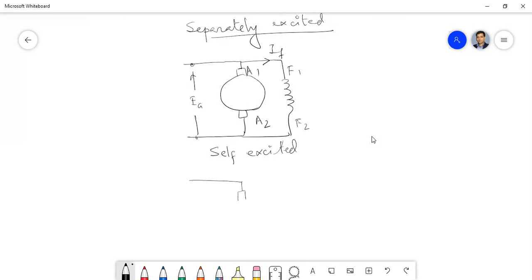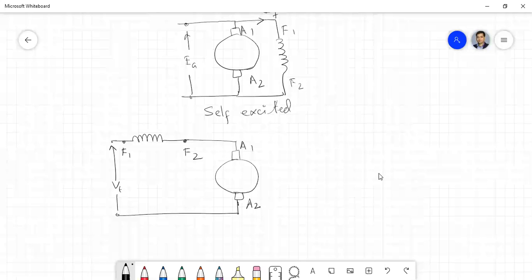So another configuration which is possible is that this field coil, if we connect in series, so another possibility is there.